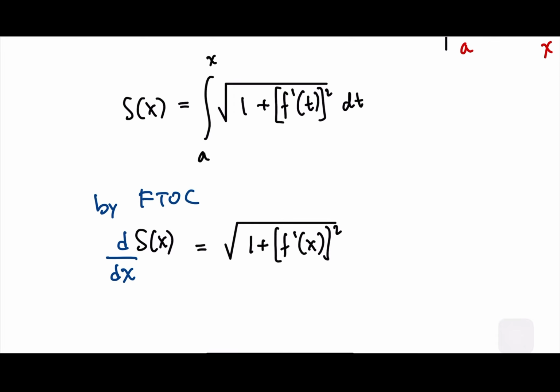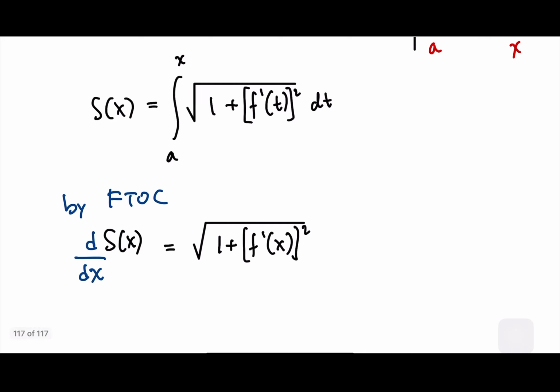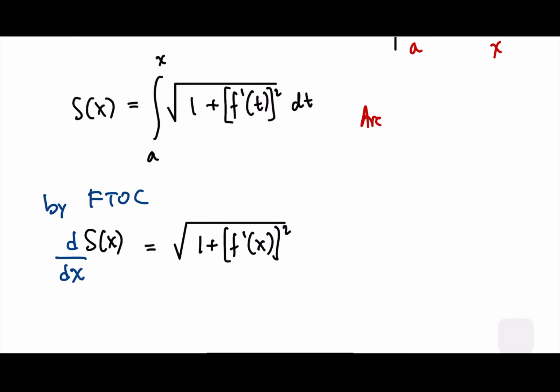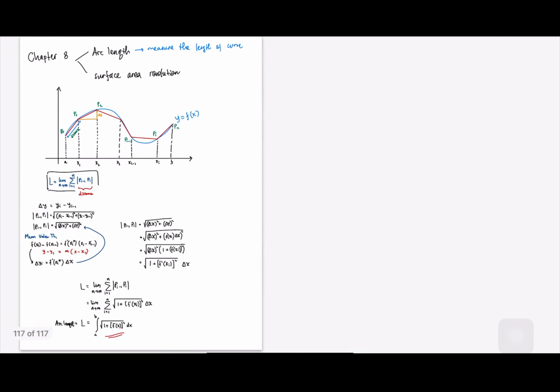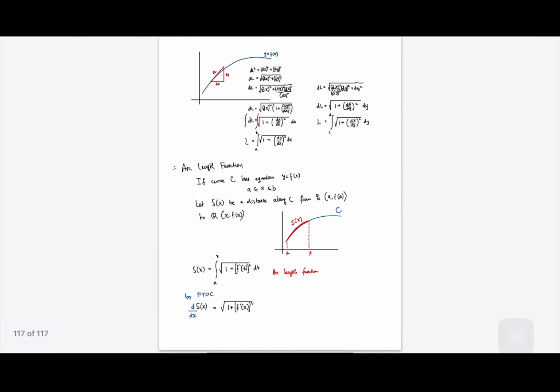So we can also write the arc length as a function. We call this the arc length function. Okay, that's the first section of chapter 8, the arc length. Let me give you another one, the second section, which is the area of surface.